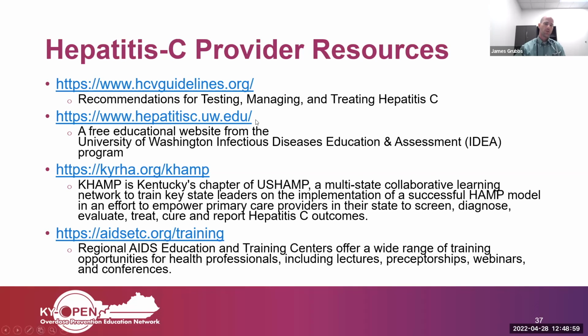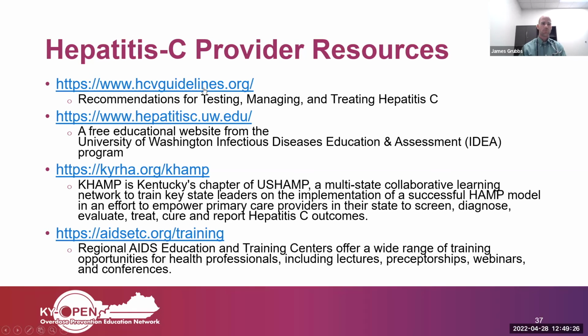There are also other websites, such as hcvguidelines.org, which has the national guidelines on how we test, manage, and treat hepatitis C. It's a pretty easy to navigate website, with menus that are simple to follow, and it's updated regularly. It emphasizes accessible guidelines and the ease of treatment, with the idea of helping more people be treated.